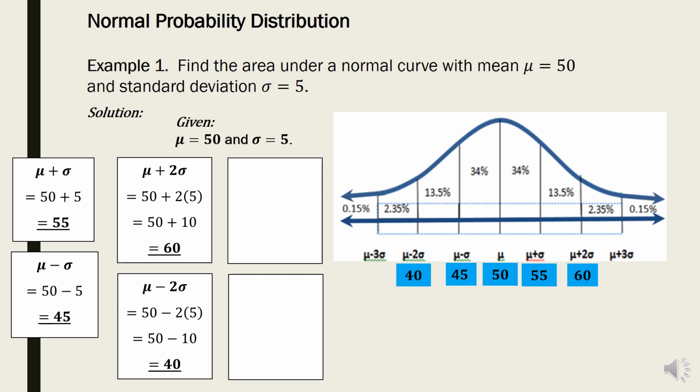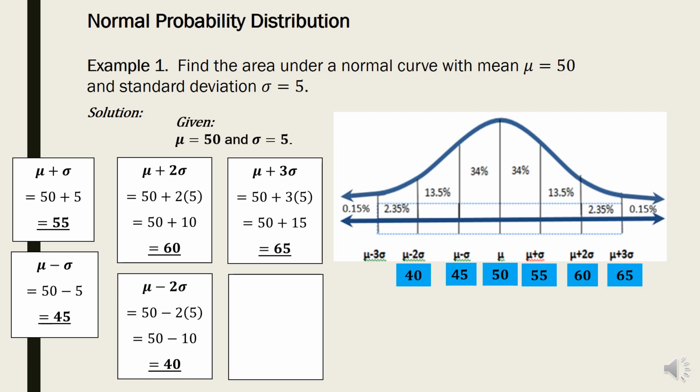So let us now proceed to the three standard deviations about the mean. So let us start with the three standard deviations above the mean. Substitute the values, simplify, the result is 65. Therefore, 65 is the three standard deviations above the mean.